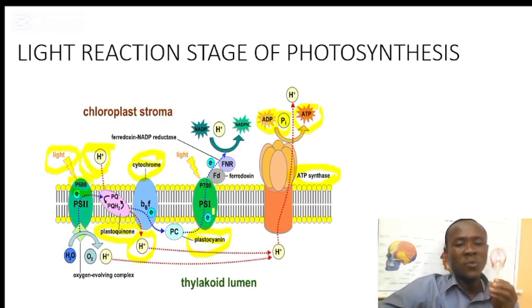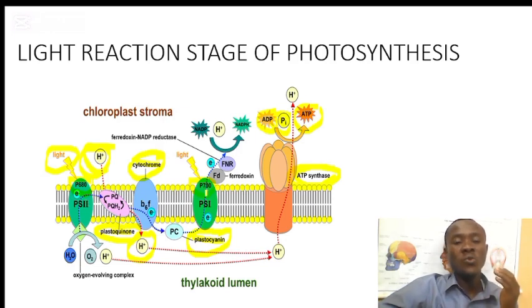In PS1, the chlorophyll molecule absorbs light at 700 nanometers, slightly greater than the one in photosystem 2, which is 680 nanometers.